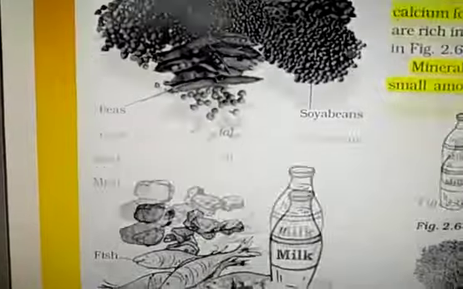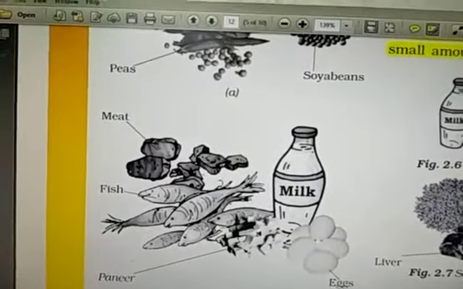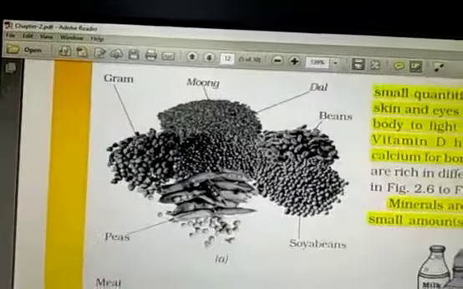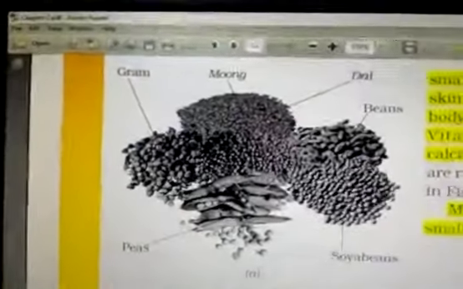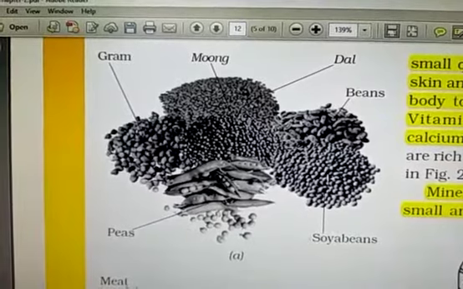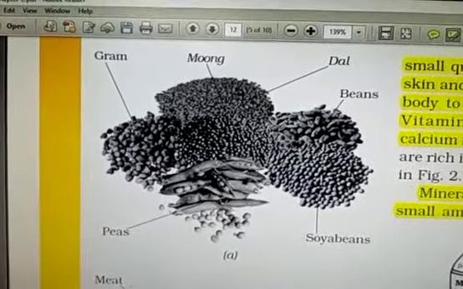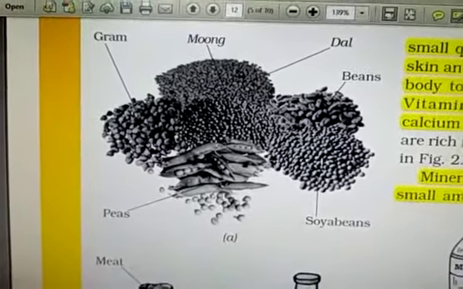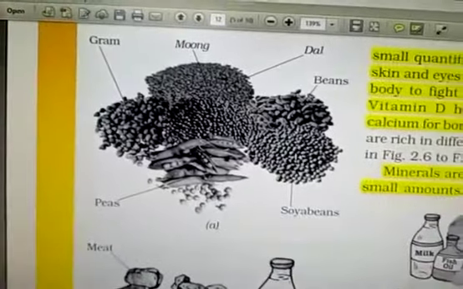Now protein sources. Again, protein sources are of 2 types, that is plant sources and animal sources. So in the plant sources, peas, gram, moong dal, beans and soyabean, that is all types of pulses have the proteins.